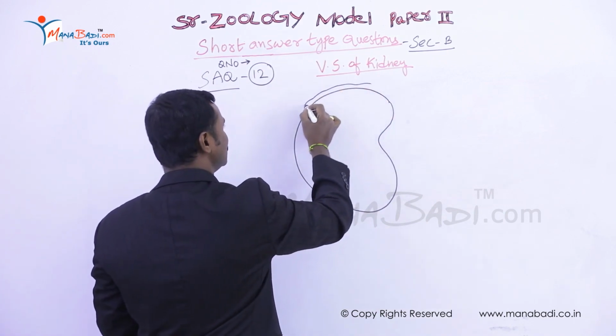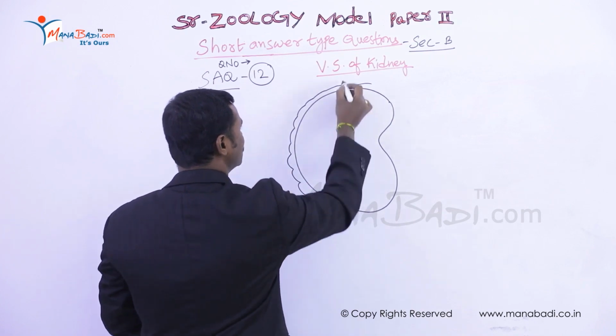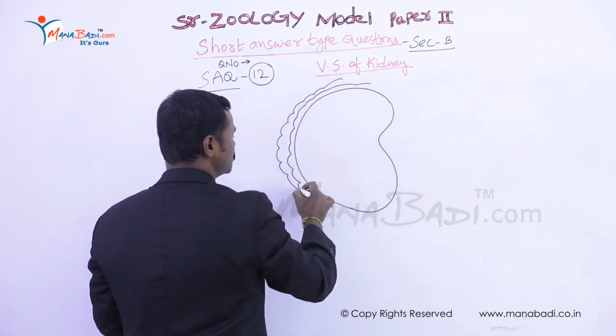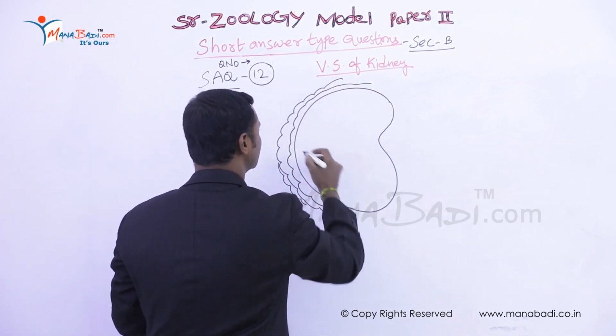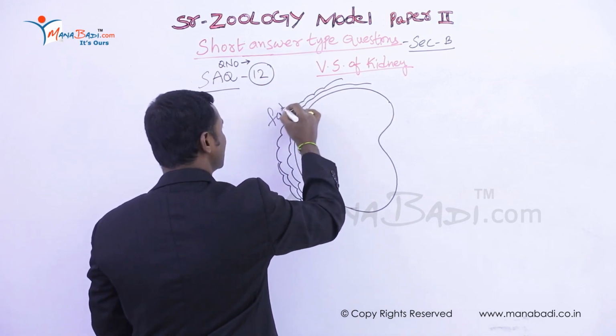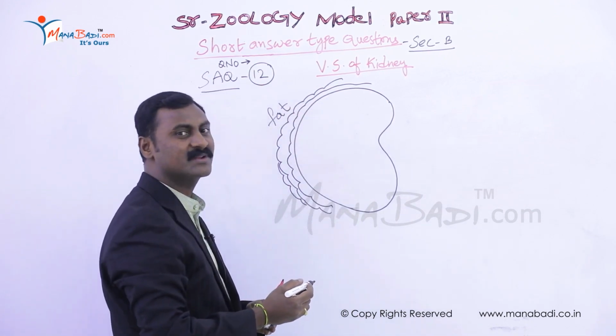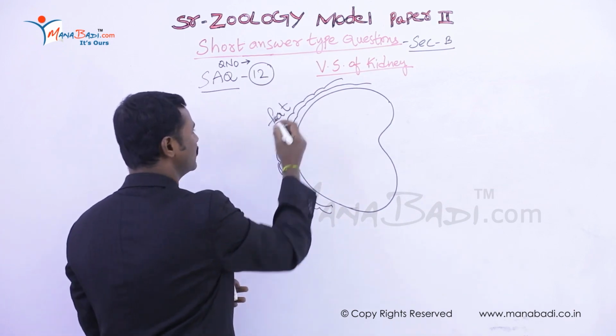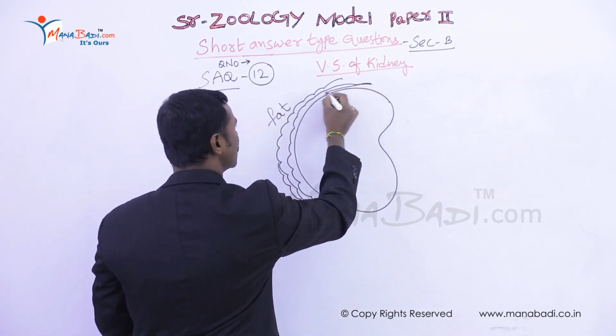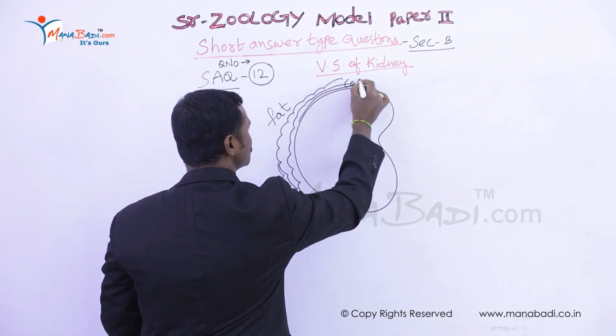Then you see there is fat around, cushion-like structures you can see around the kidneys. What is this? Fat. This fat is going to give protection from shocks. So that's why fat is there. And kidneys are protected in a capsule.